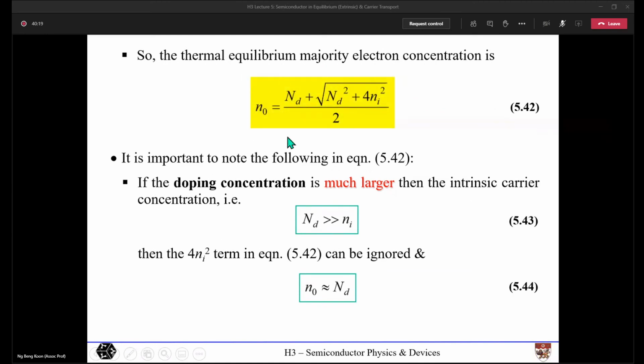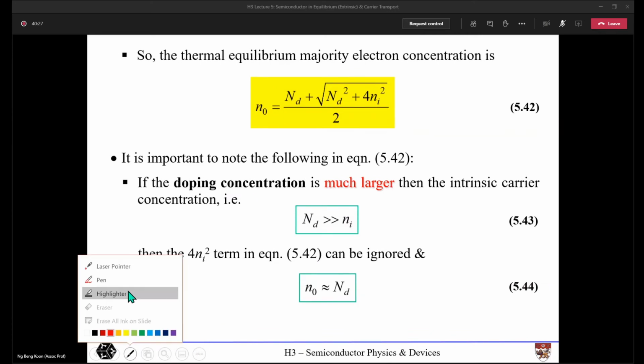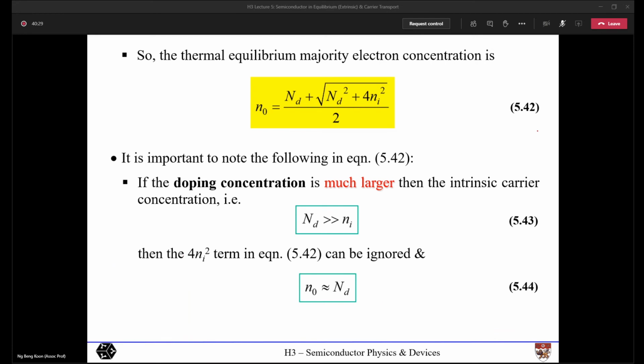This positive solution is the N naught value, the majority carrier concentration. Now, in fact, if your doping concentration is much greater than the intrinsic carrier concentration, if your ND is much greater than Ni, then you would find that the second term in your square root becomes negligible.